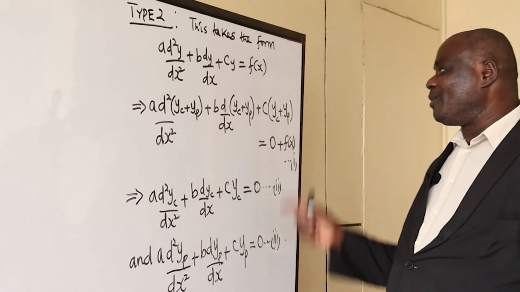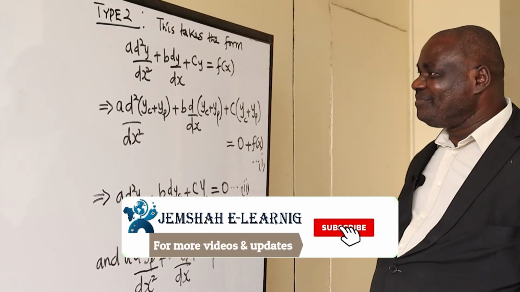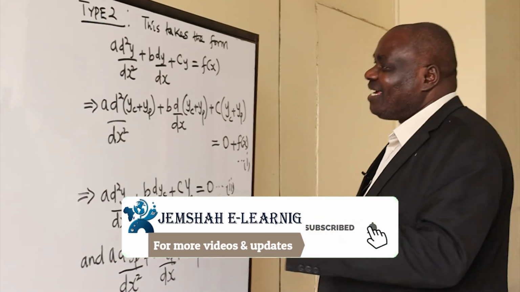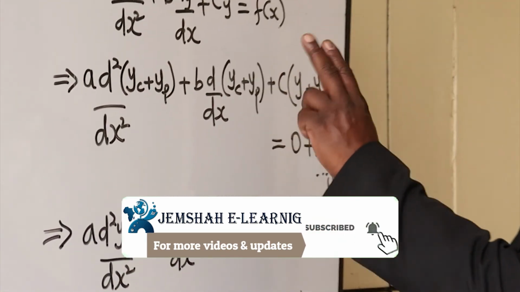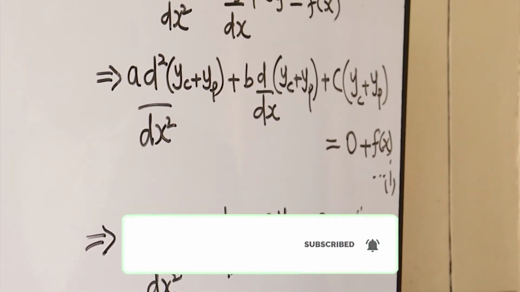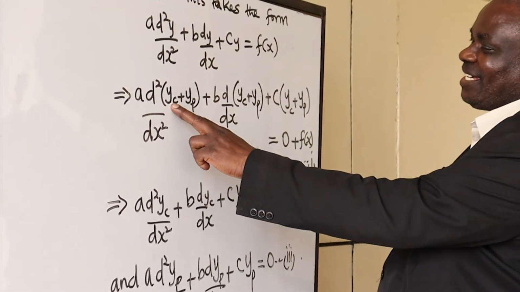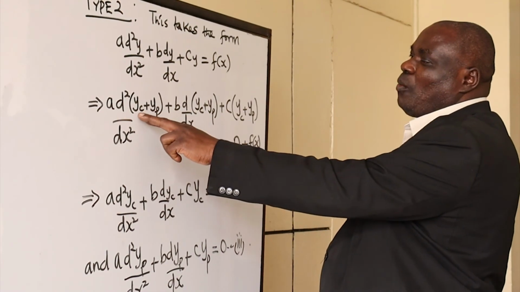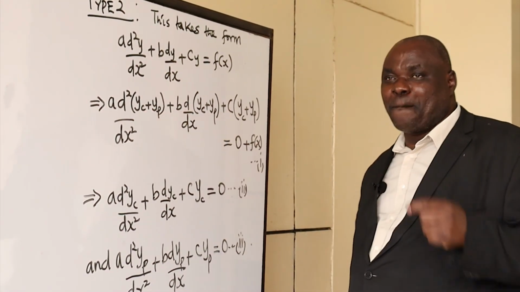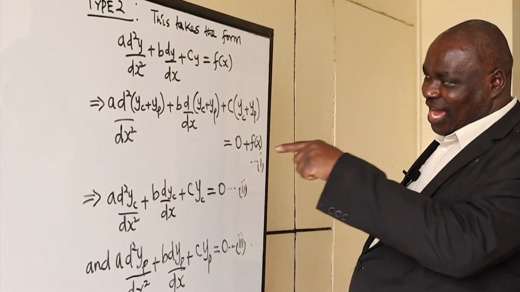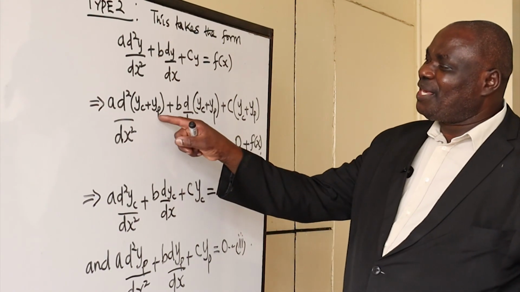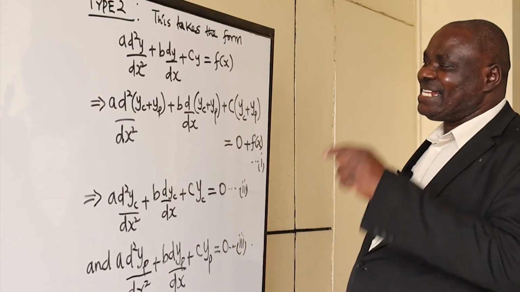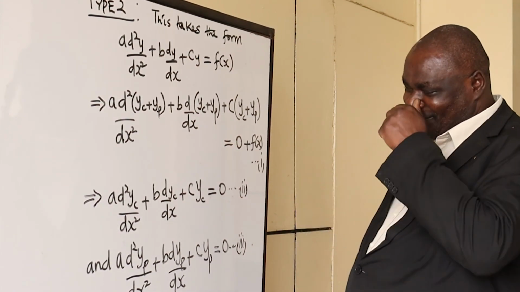What brings a 0 will be a solution to the same. So we say y seems to be in two parts. One is known as yc, one is known as yp, where yc is the complementary function of y, and yp is the particular integral of y.